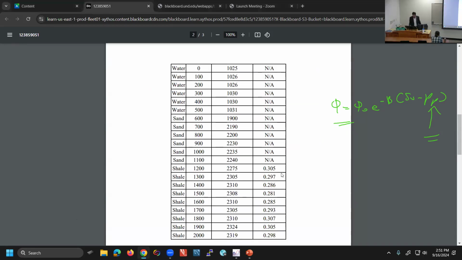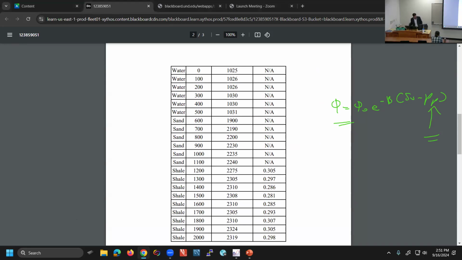You can very easily use that equation to get the pore pressure, rearranging it accordingly. This is the very easy homework number one. You just manipulate it mathematically as you like.